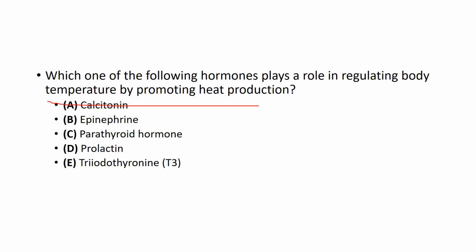Parathormone is mostly concerned with calcium, nothing to do with controlling body temperature. Prolactin also doesn't help much in increasing body temperature. The last one is triiodothyronine. Yes, so this would be the answer. You know that the thyroid hormones help in increasing the basal metabolic rate. So the answer is triiodothyronine.